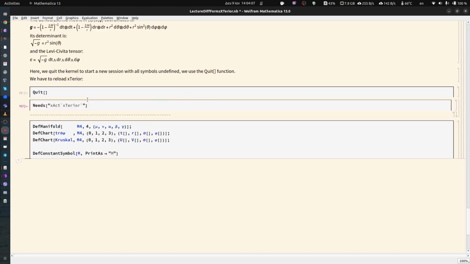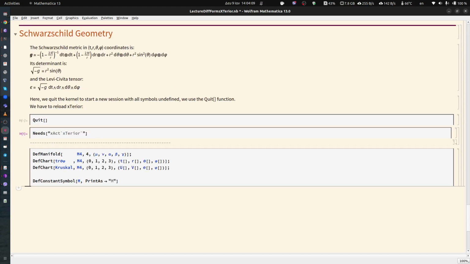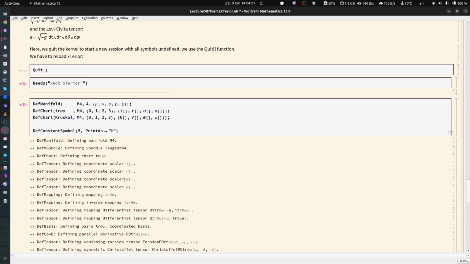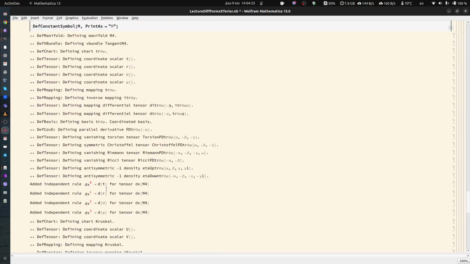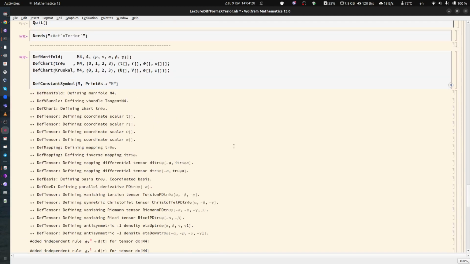Now there is a mass here in the expression for the metric, which we want to be treated as a constant symbol. So we have to declare m to be a constant. So you see a lot of messages here. Again, as I have already stressed, it is instructive to read those messages.